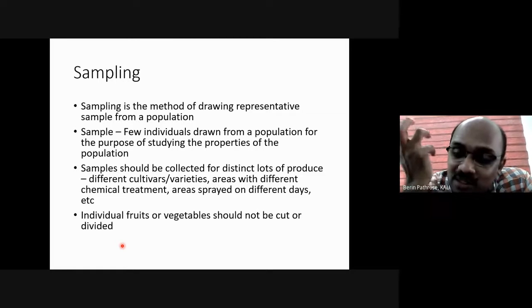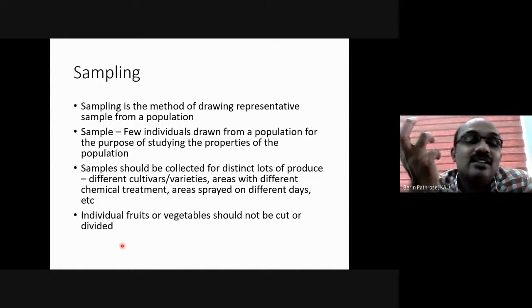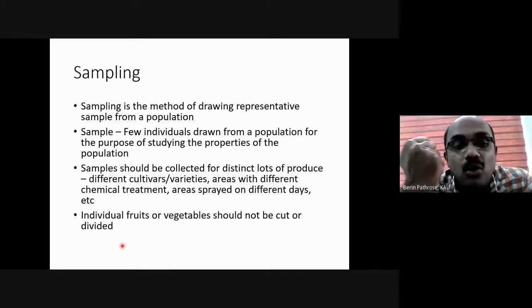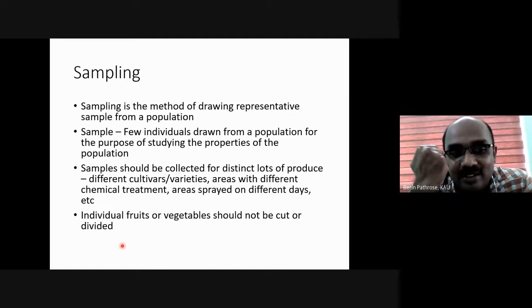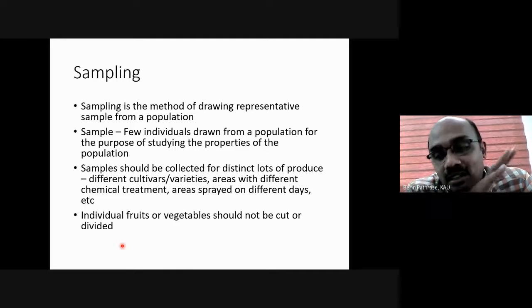So what is the definition of a sample? The definition of a sample is that a few individuals are drawn from a population by which we study the properties of the entire population.